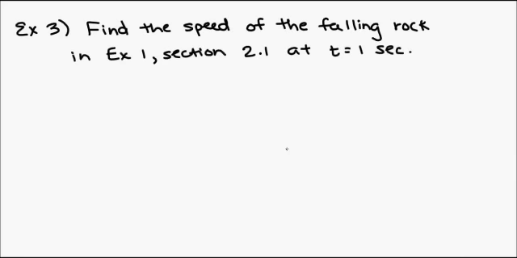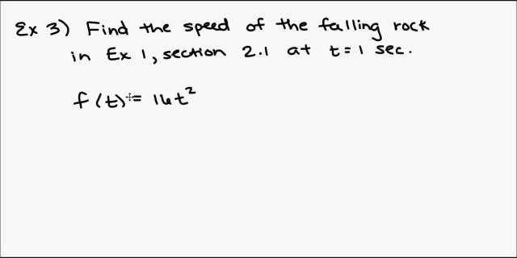Okay, find the speed of the falling rock from example 1 in section 2.1 at t equals 1 second. So, in case you don't remember that problem, I don't blame you. The problem says the position function of the rock that's falling is f of t equals 16t squared.